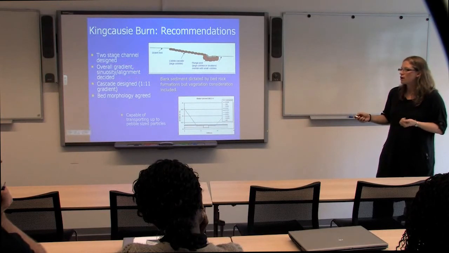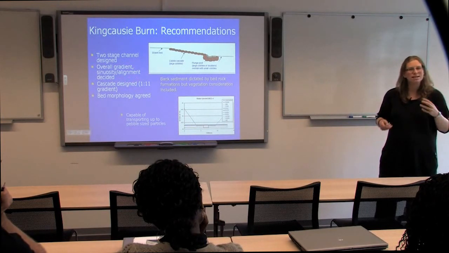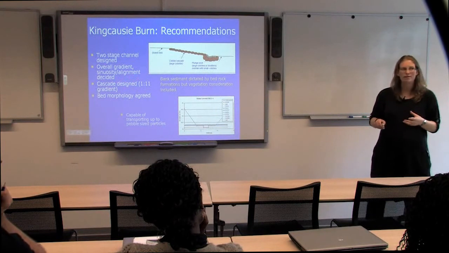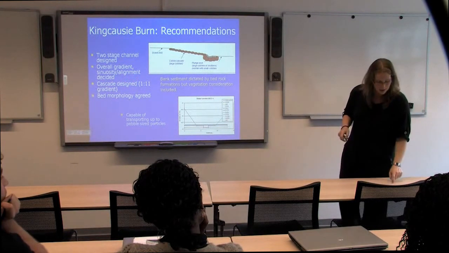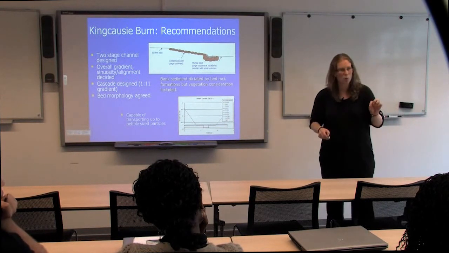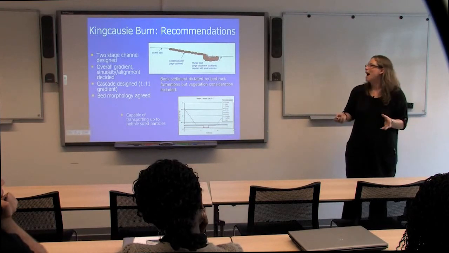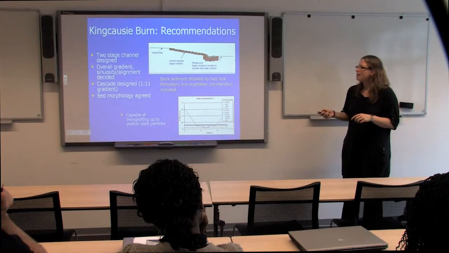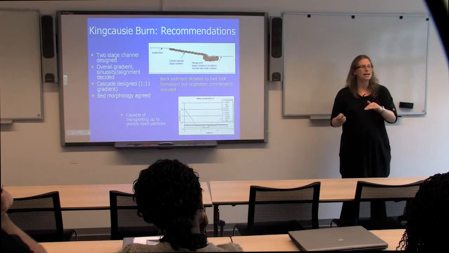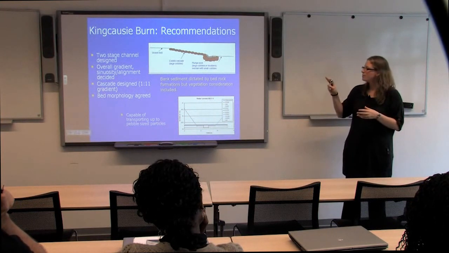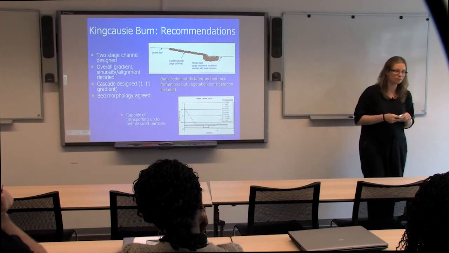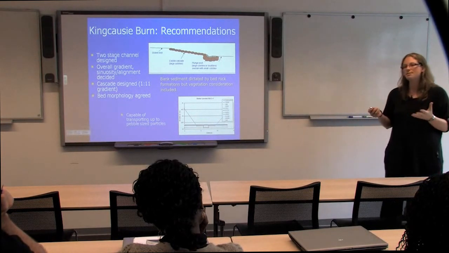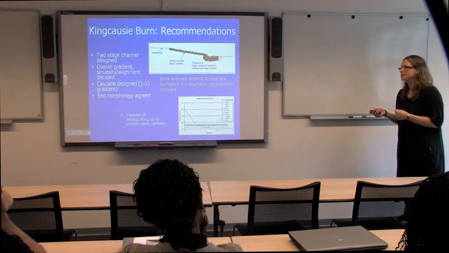We designed the overall gradient, and we made sure that the sinuosity, and we'll do that this afternoon, looking at the amount that the river channel wiggles, if you like, was replaced. And then we designed this cascade where we needed to get the channel under the road. But we could use the simplified hydraulics to do that design.